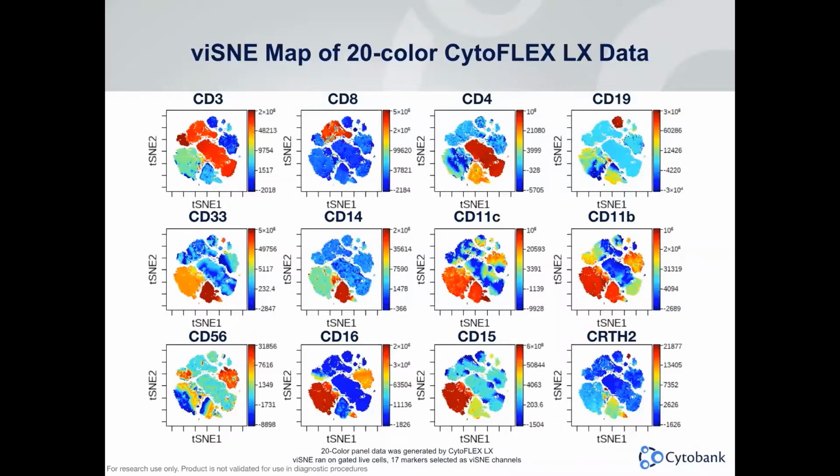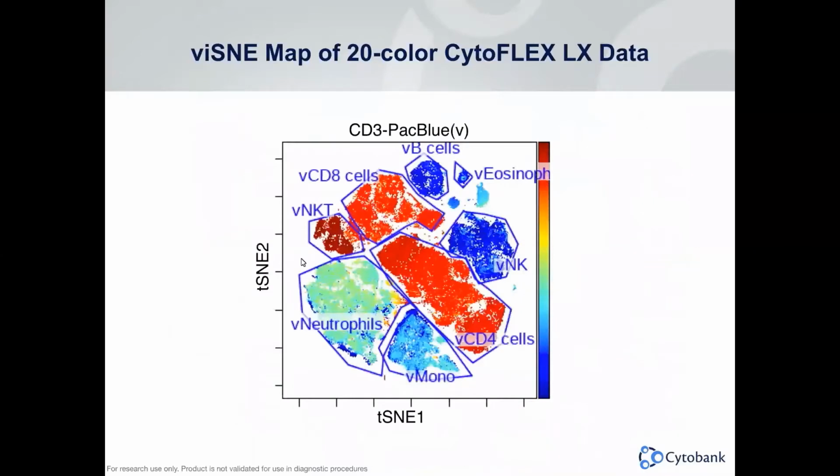We can also gate on the viSNE map based on the channel expression, so we can find viSNE identified CD8 positive cells, viSNE identified B cells, and we can also compare the viSNE identified islands to your manual gating.